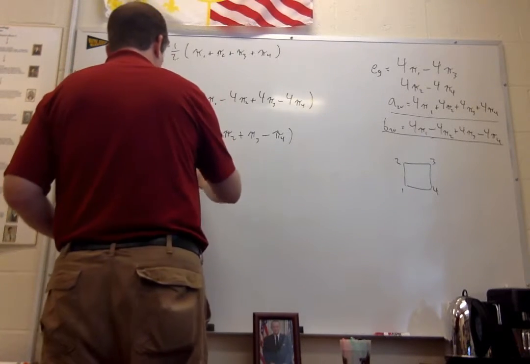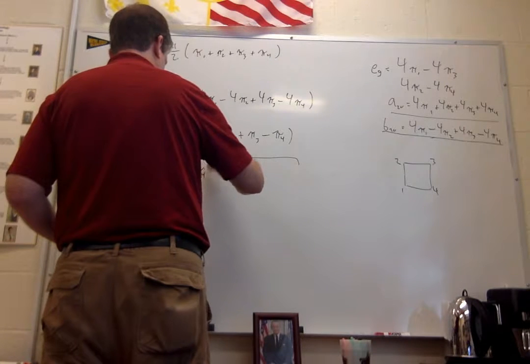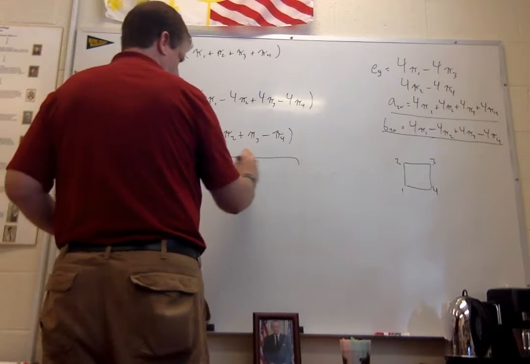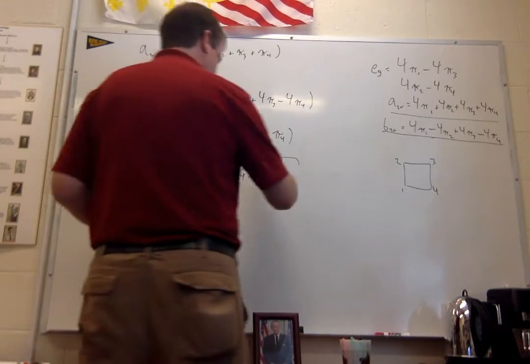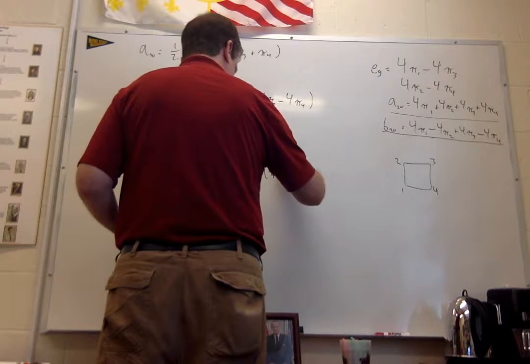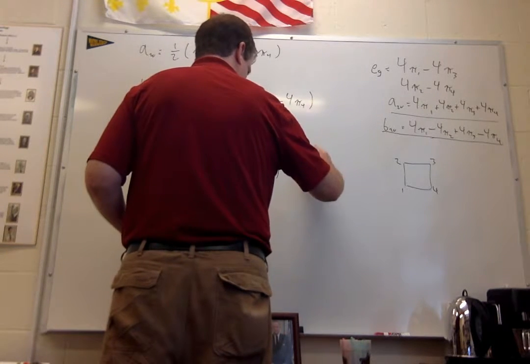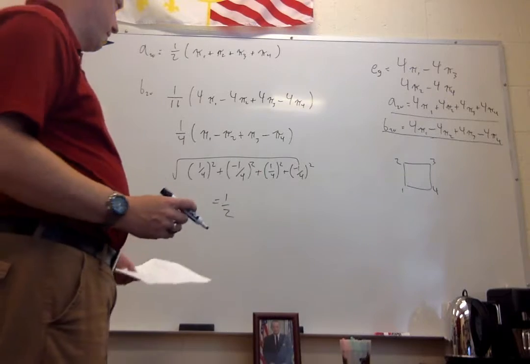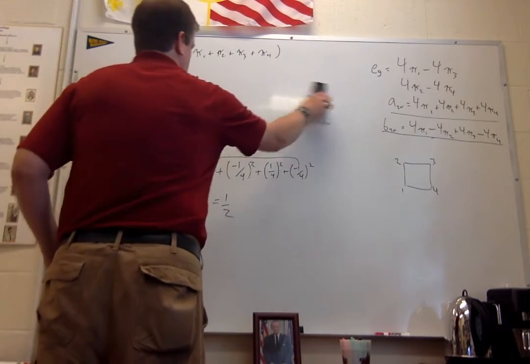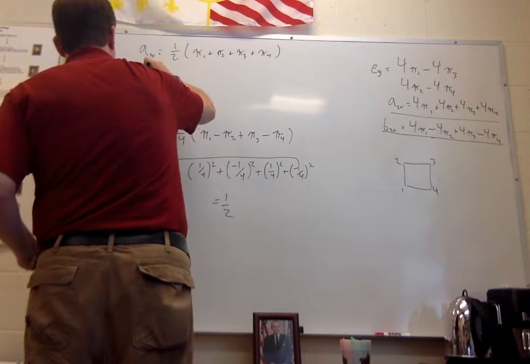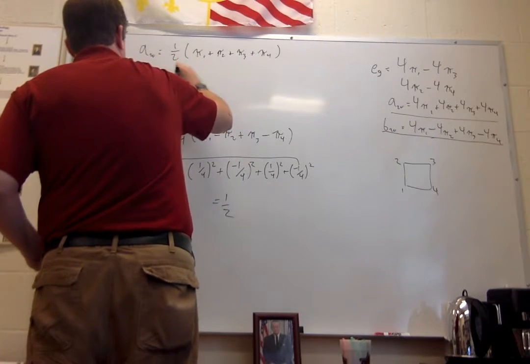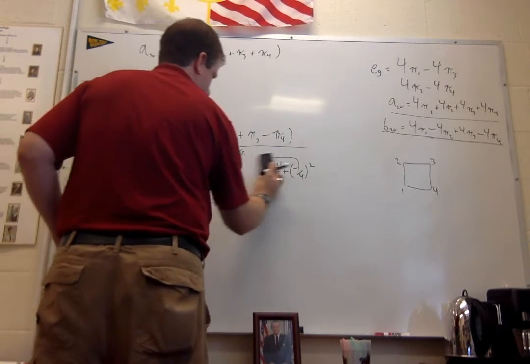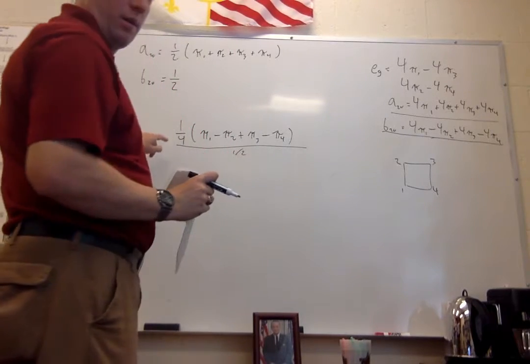We take the sum of the squares of the coefficients. Notice this one is -1/4, but you're going to square it anyway, so it sort of factored itself out of there. When you do that, it's 1/2. If I divide all of this by 1/2, I get 2 over 4, which is 1 over 2.